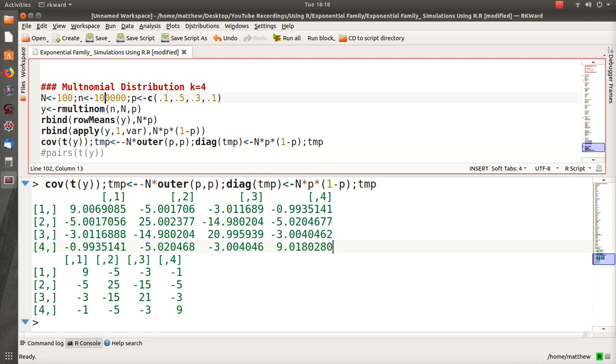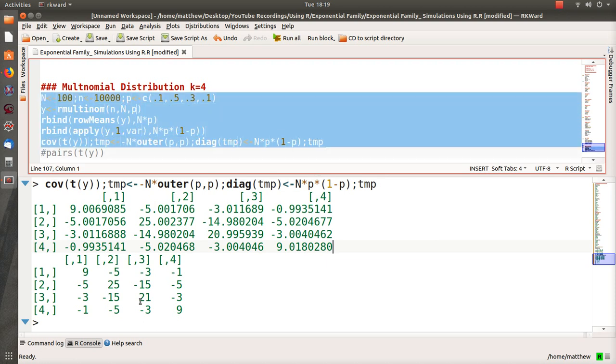Now here I want to show the covariance between those. Having a negative covariance makes perfect sense, because if you're putting the results of 100 experiments into 4 cells, if one of those cells is tending to be bigger, that means the others have to be smaller. So it is a negative relationship there.